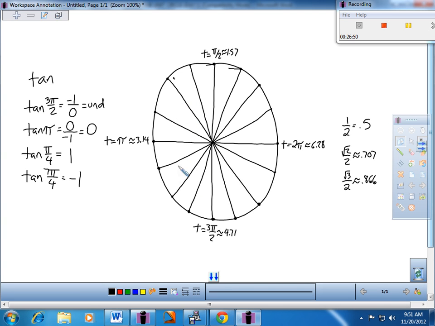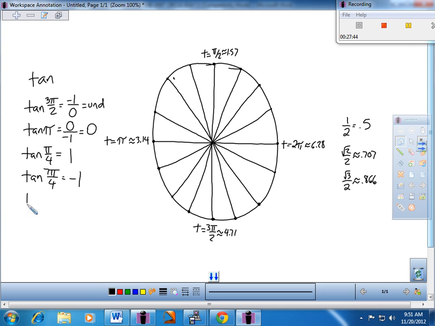Third quadrant, everybody, think about this one. This is a good one. Third quadrant, x is negative, y is negative. What happens when I divide them in the third quadrant? Tangent's going to be positive. And fourth one, as we just saw, you've got x is positive, y is negative, and when you divide them, everybody, you're going to get a negative tangent value.